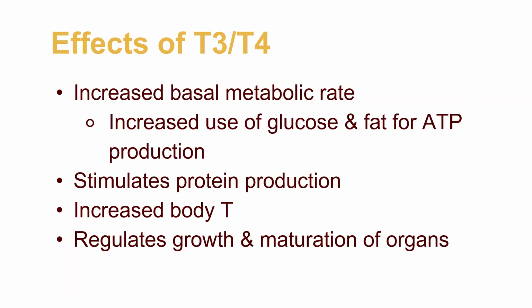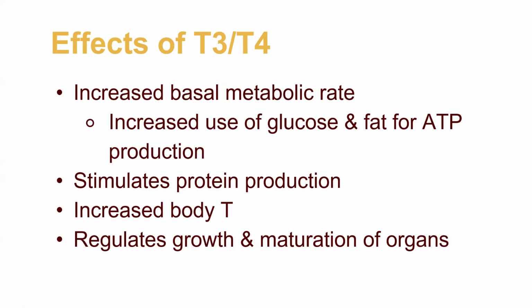So the big thing with T3 and T4 is metabolism. People that have hyperthyroidism have a really high metabolic rate. For hypothyroidism, they have a low metabolic rate. In a sense, our basal metabolic rate, what we're using at rest, is going to determine how much glucose and fat we are breaking down and utilizing for ATP production.